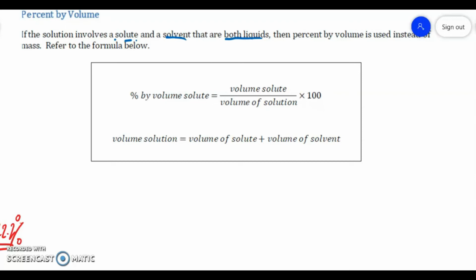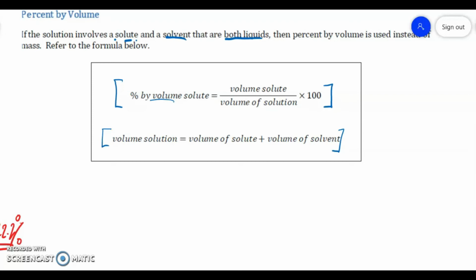Refer to the formula below. We have a similar formula to the percent by mass, but with volume instead. We follow the same format.